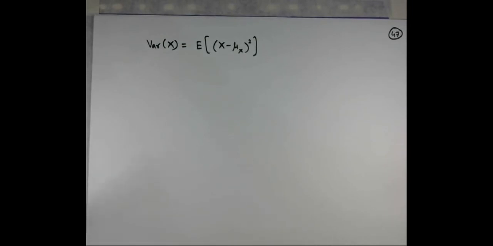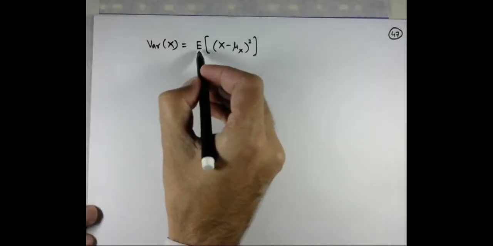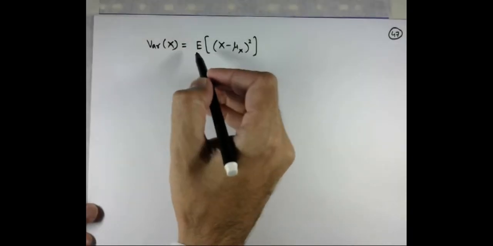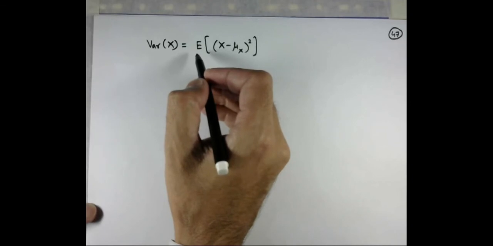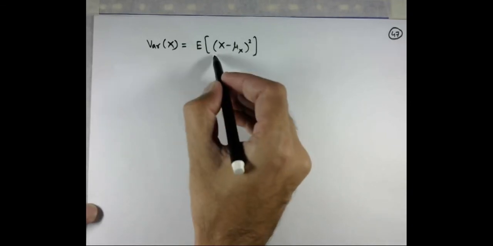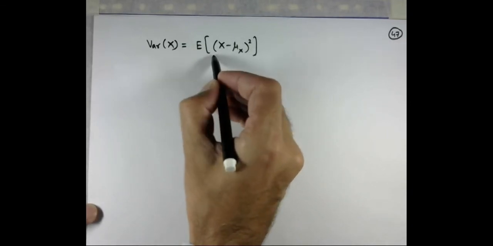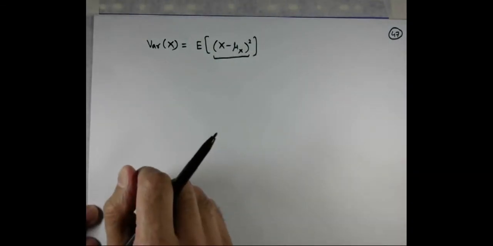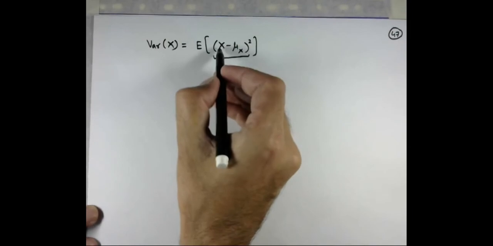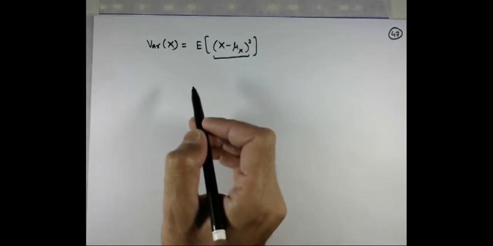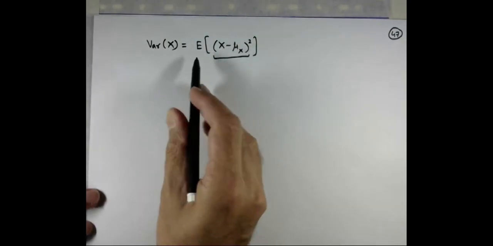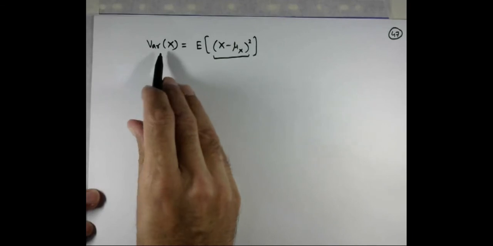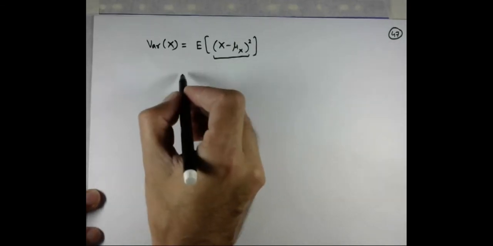And you know how to open the expectation. When you break this expectation sign, three things will emerge: the integral, this thing, and then obviously the PDF of the random variable x. So you can easily write the complete formula for this variance of x.